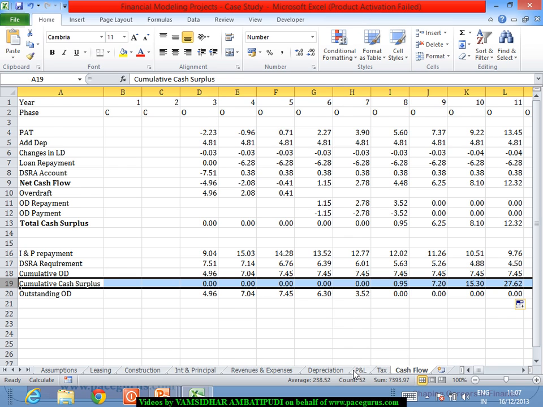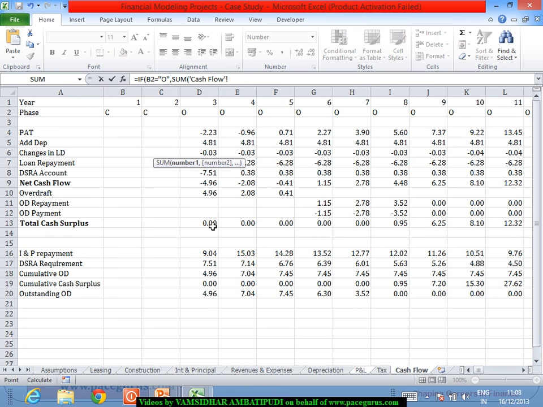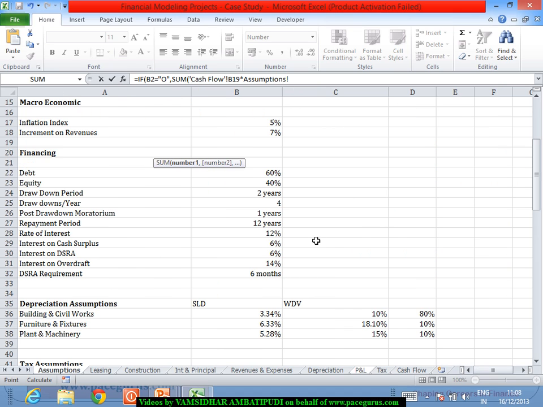So what I would do here, I will simply put, if this is equal to O, which is the operation phase, I will do the summation of whatever the cumulative cash surplus we have in that period multiplied by the interest for the cash surplus.